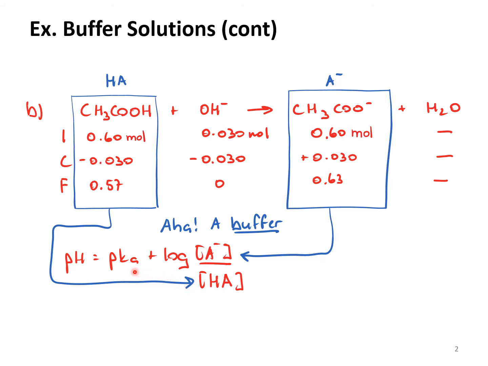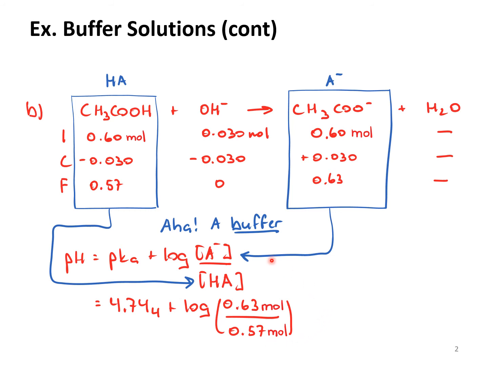The next thing we need is the pKa, and that was calculated in part A of the problem. And so substituting in all the values, we have the pH equals 4.744 plus log of A minus, which is 0.63 moles, divided by HA, which is 0.57 moles.